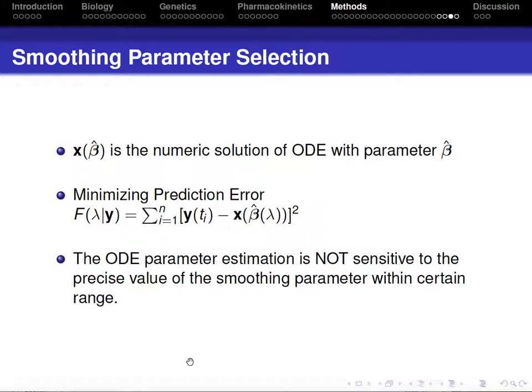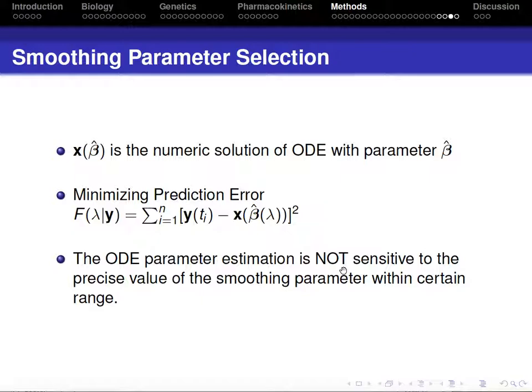So how can we do this? I personally find, because here our goal is to find the ODE parameters such that the ODE solution with these parameter values will fit the data the best, right? This is our central goal. So what can we do?